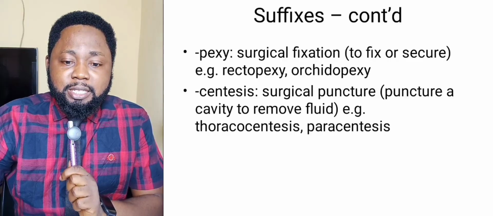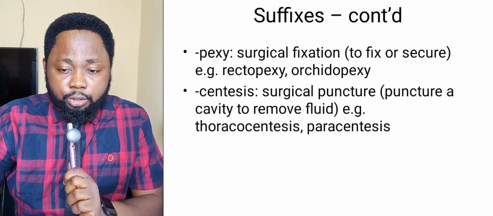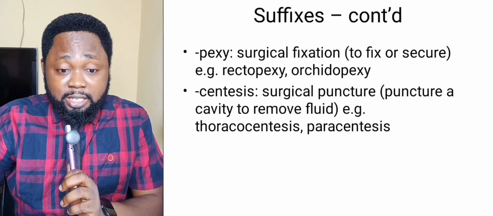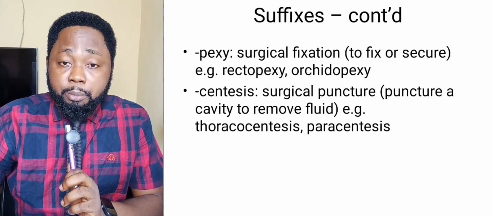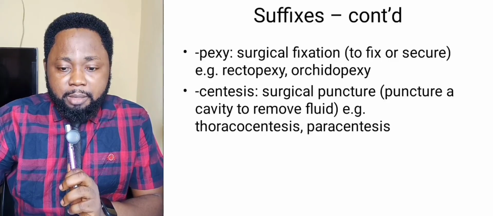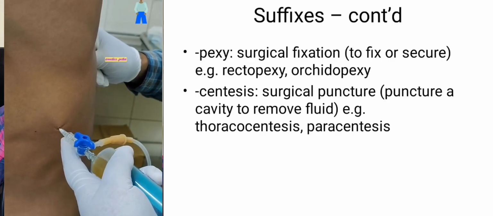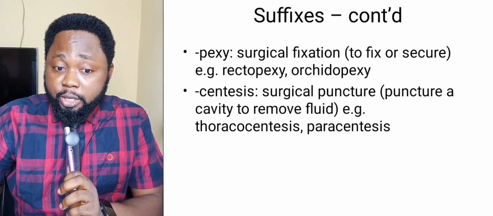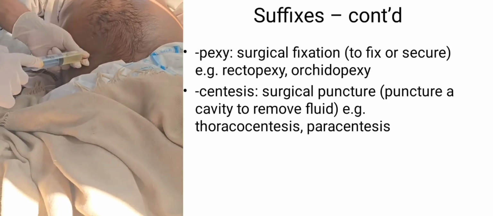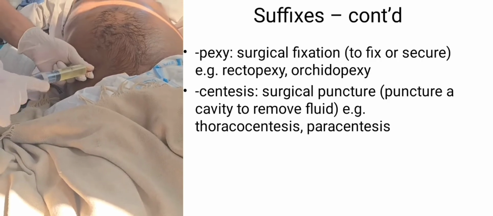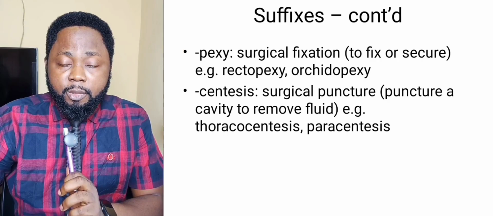Centesis means to make a surgical puncture or to puncture a cavity in order to remove fluid. Examples include thoracocentesis, which is the puncture of the thorax to remove fluid; paracentesis, which is the puncture of the abdominal cavity to remove fluid.